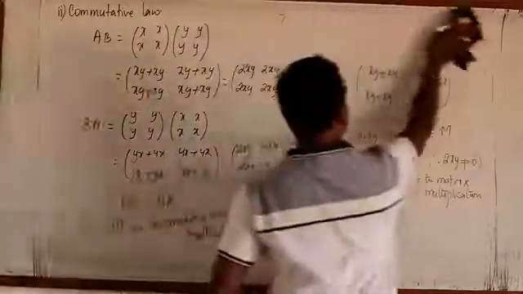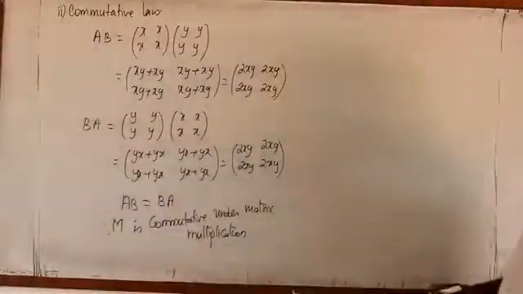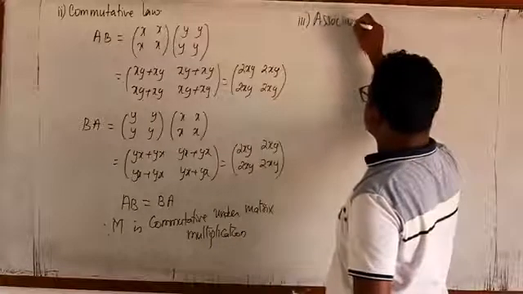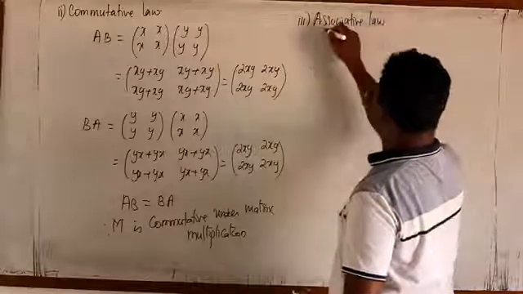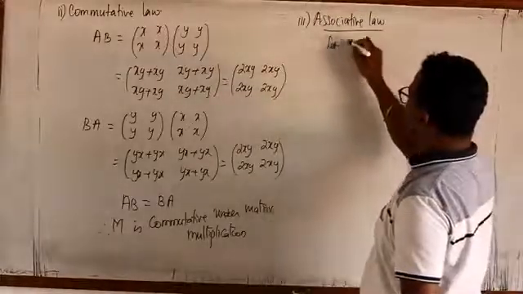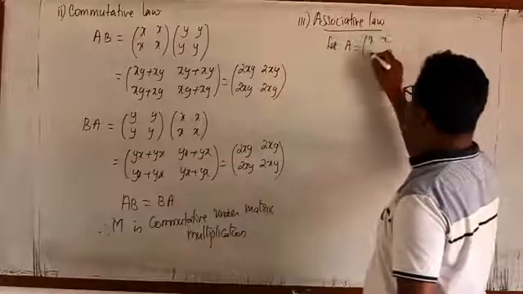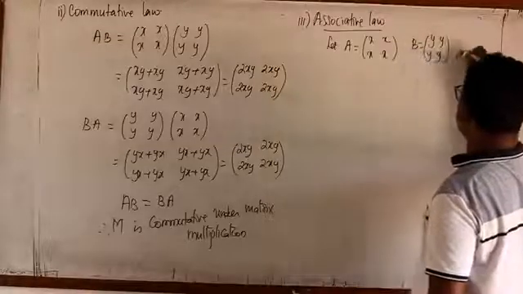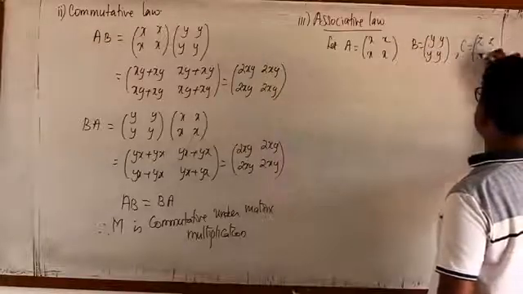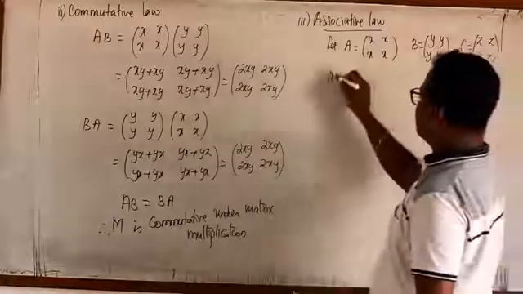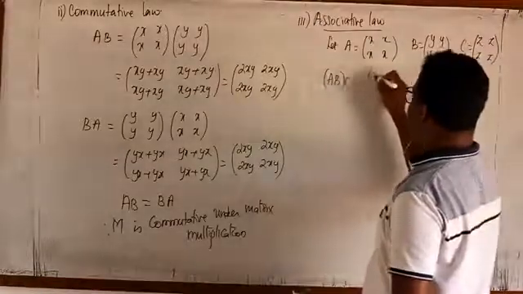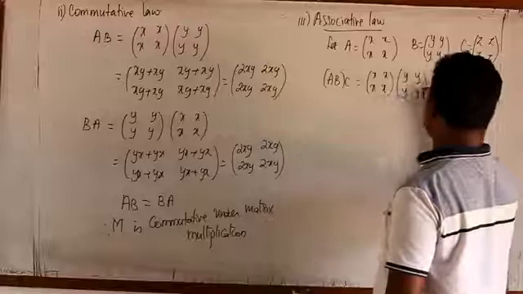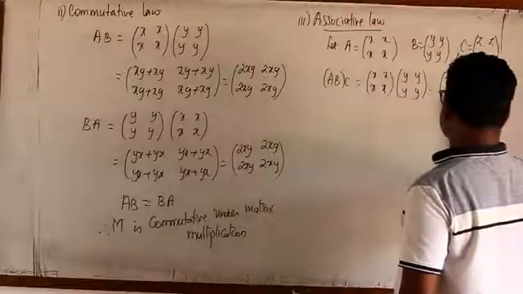Now, the associative law. Third, let A equal xx, xx, B equal yy, yy, and C equal z, z, z, z. Now, AB into C is xx, xx into yy, yy into z, z, z, z.